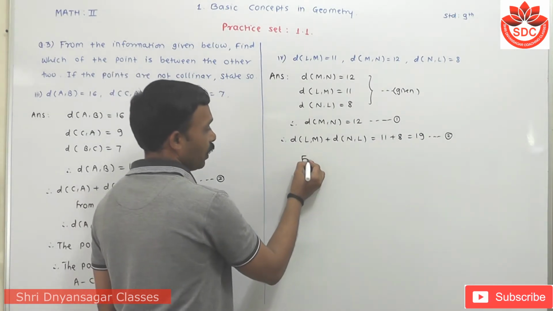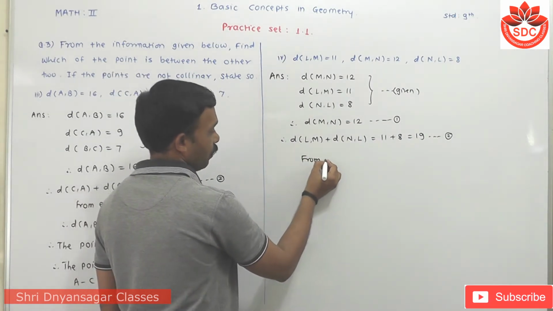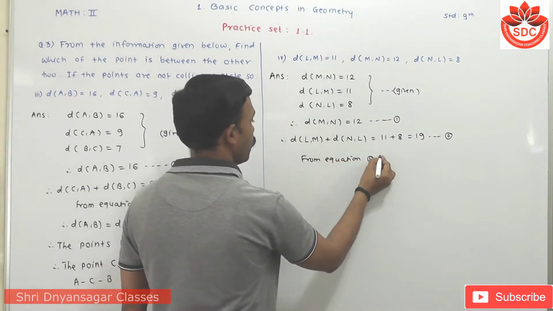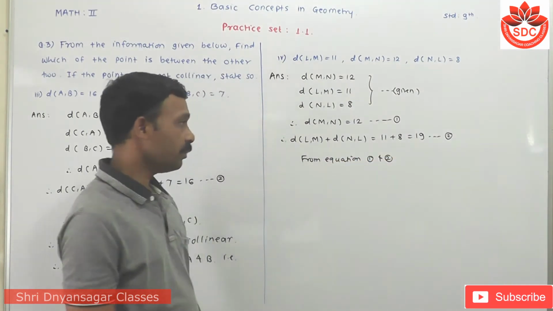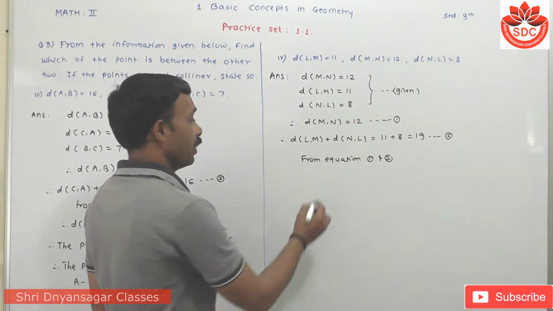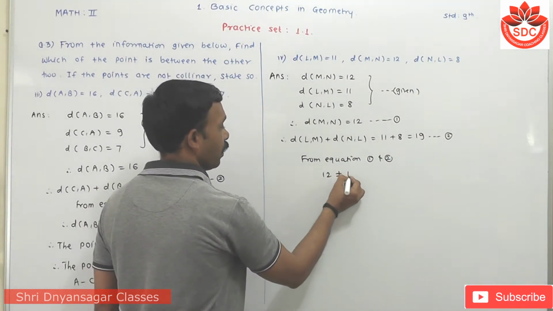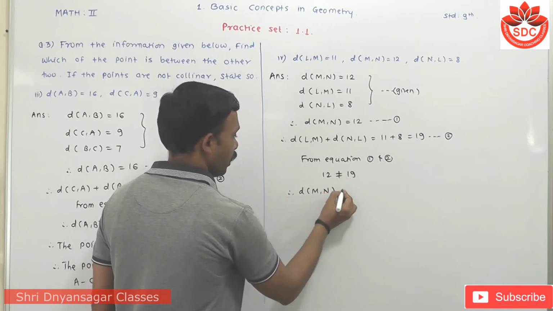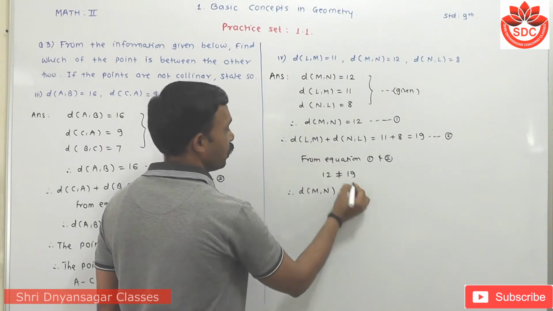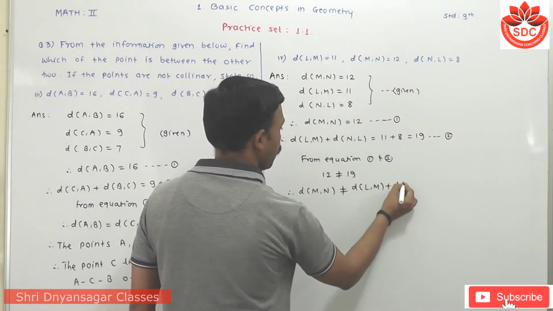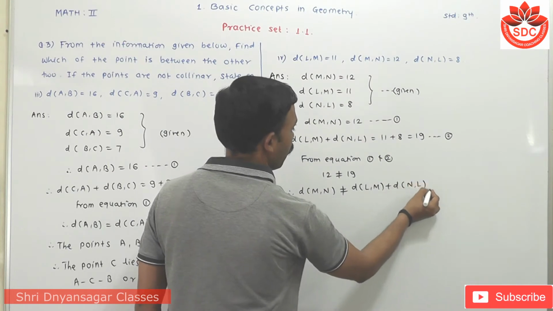Observe carefully from equations first and second: this is 12 and this is 19, so 12 is not equal to 19. That is, the distance of MN is not equal to the distance of LM plus the distance of NL.